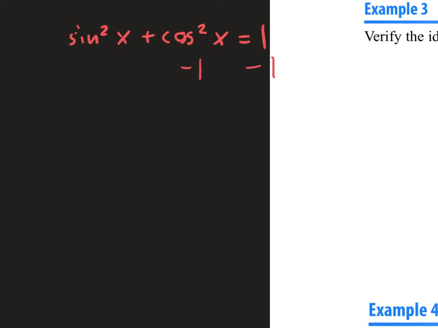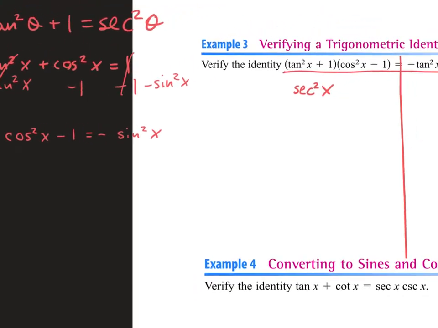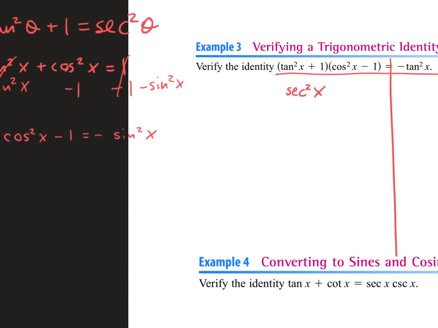So we want to move the 1 over and move the sine over to the other side. So it becomes cosine squared x minus 1 is equal to negative sine squared x. So just remember, when you move it over, you're subtracting. So what are we going to put in place of cosine squared minus 1? Negative sine squared x.